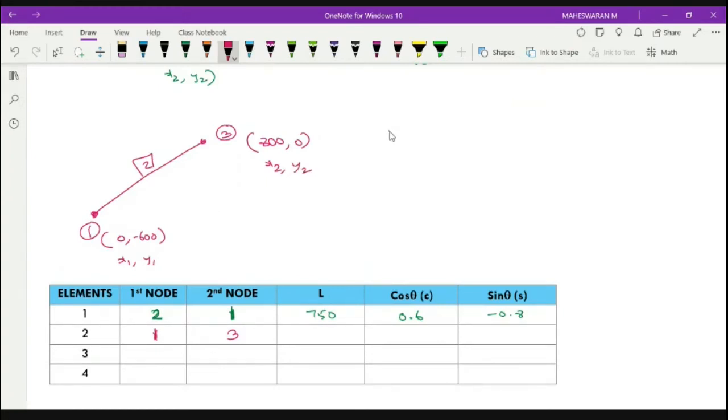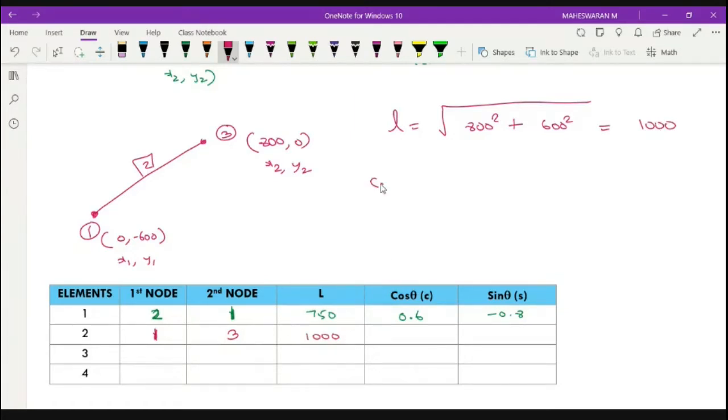Apply the formula. What is my L? L is the root of x2 minus x1 the whole square plus y2 minus y1 the whole square. So x2 minus x1 gives 800 square, y2 minus y1 gives 600 square. So the root of 800 square plus 600 square, and we are getting 1000. So L is 1000 here.